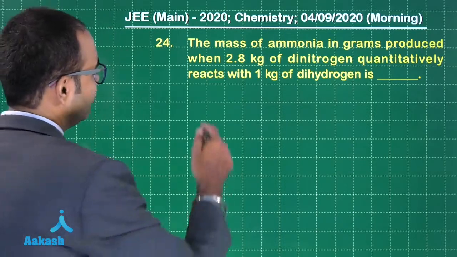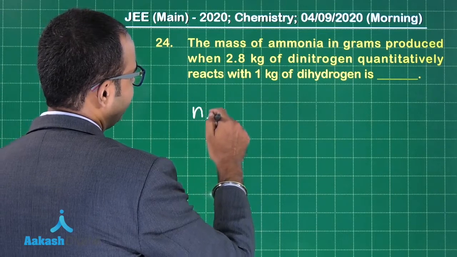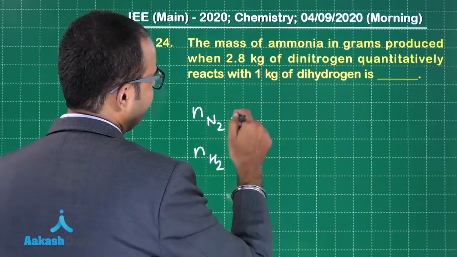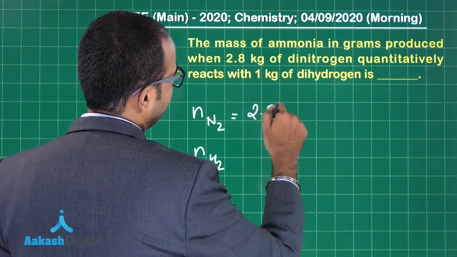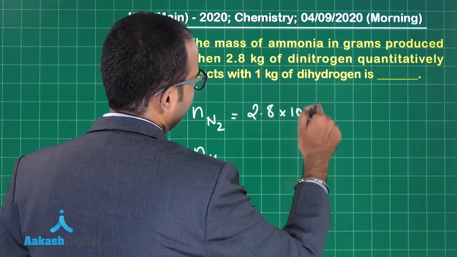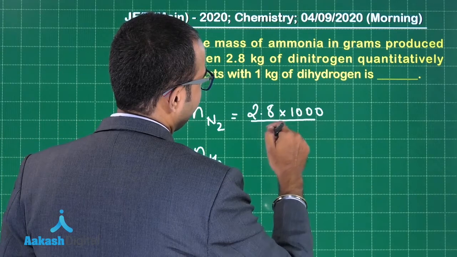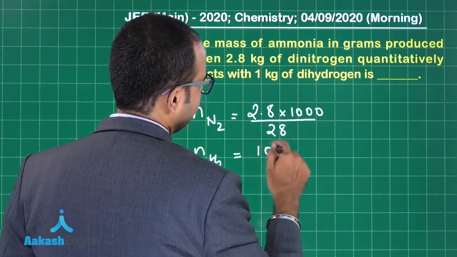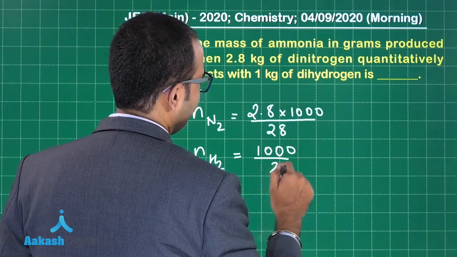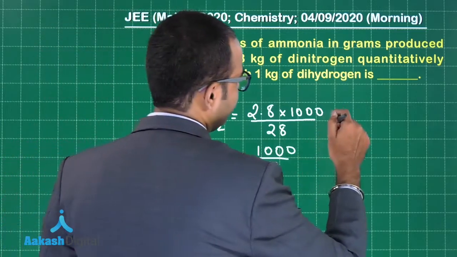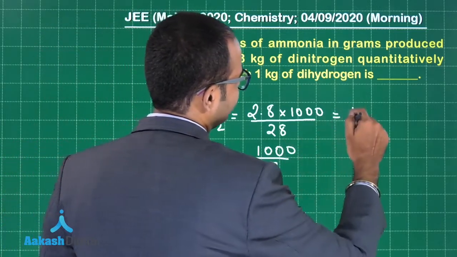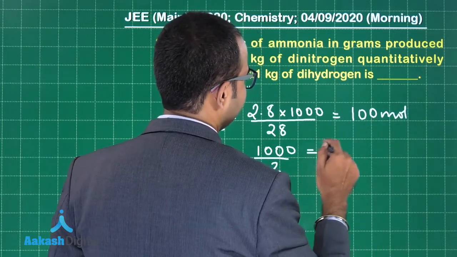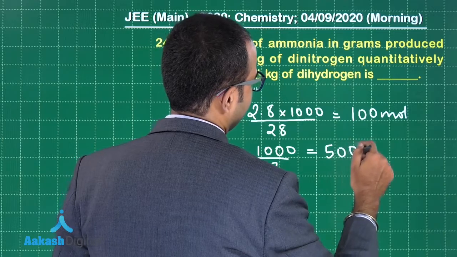So first, the number of moles of N2 and the number of moles of H2. This will be 2.8 into 1000 divided by 28, and this one will be 1000 divided by 2. So this is 100 moles and this is 500.